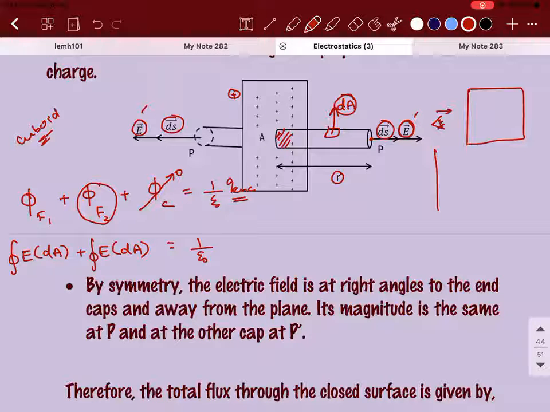For a plane sheet, what type of charge density will you define? Sigma into, if I take the area of the flat surface as capital A, then what is the charge enclosed by the flat surface? Sigma into A. Think about this step. If there is any doubt, get it clarified. Pi r square, basically pi r square.